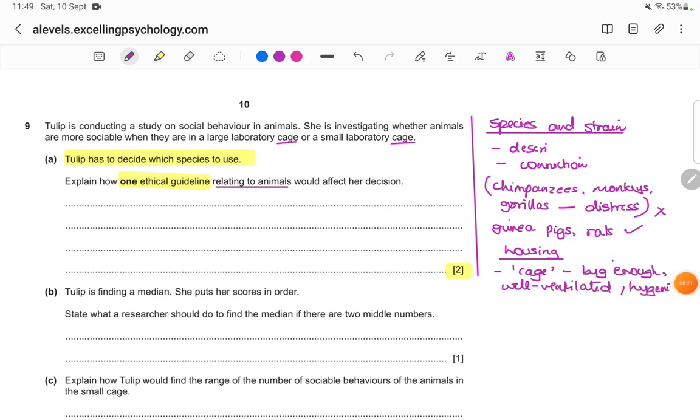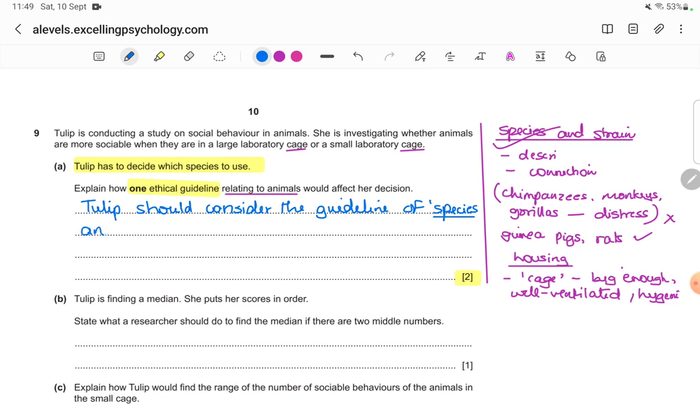For now, I will go by the first one, species and strain. So I will show you how you can write this answer. Okay, so we'll write: Tulip should consider the guideline of species and strain.